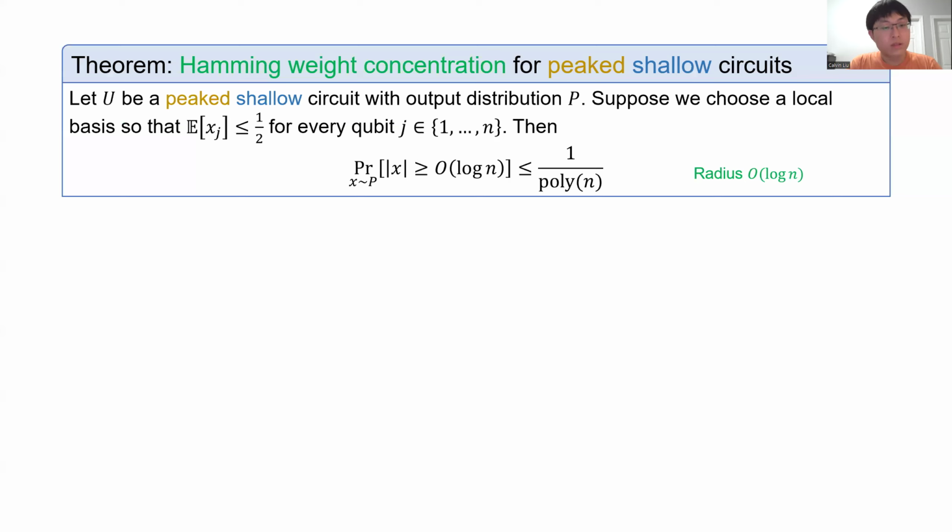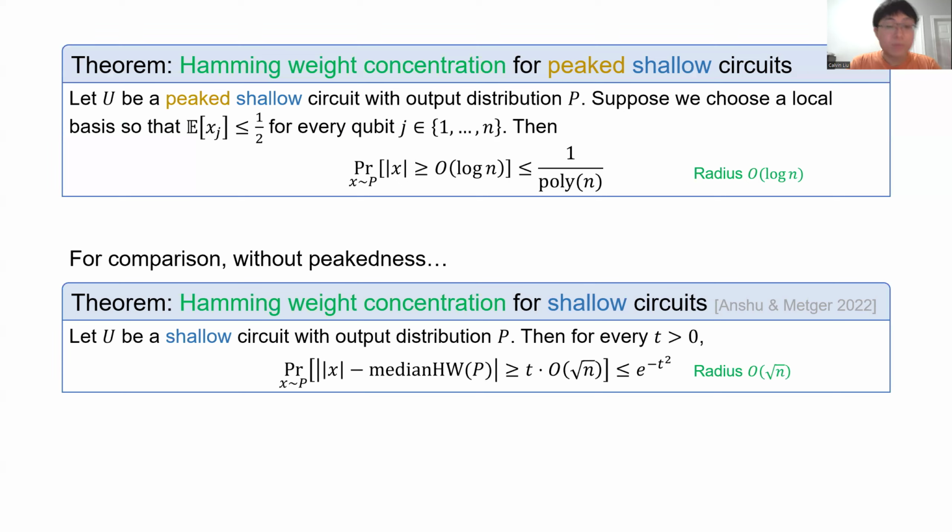The total probability mass occupied by higher Hamming weight strings is at most inverse polynomial. This is the main structural property of peaked shallow circuits that we proved, and it naturally leads to our classical simulation algorithm. For comparison, it is known that the output distribution of a shallow but not necessarily peaked circuit is concentrated on a Hamming ball of radius square root of n.